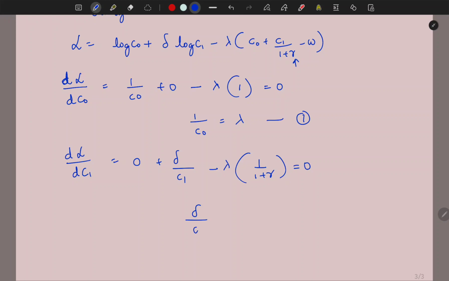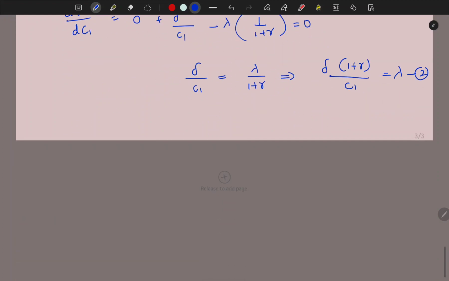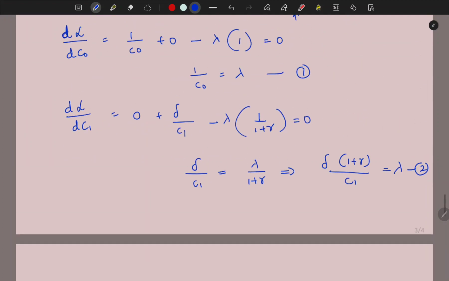So delta divided by C1 equals lambda divided by 1 plus R, basically delta times 1 plus R divided by C1 equals lambda. This is the second equation.